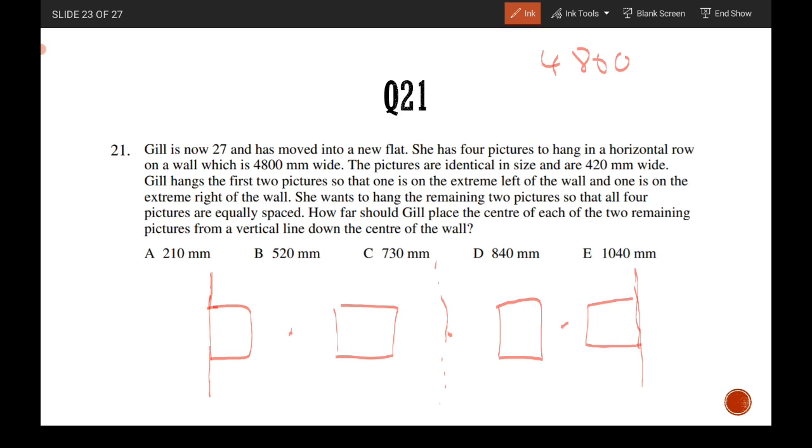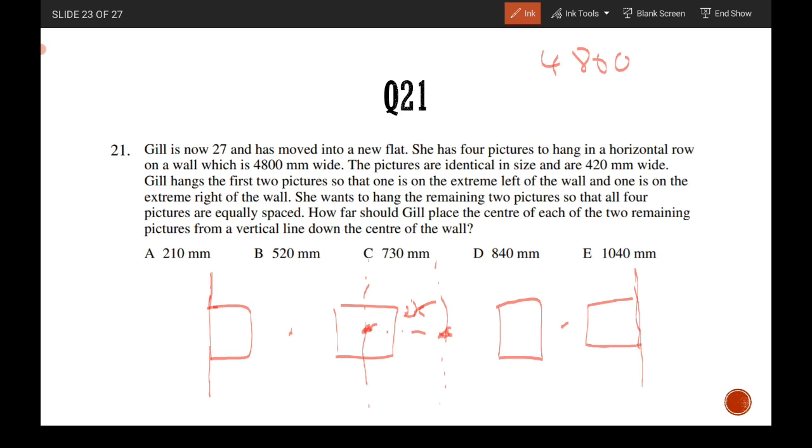Each painting is 420. So what do we actually want? We want the distance from the centre of one of these 2 to the centre here. Let's call that x. We want x.